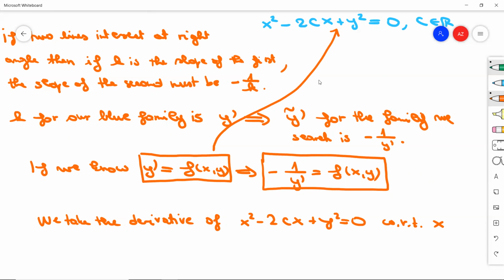And of course, here we have to take the derivative implicitly. So for this y, we have to know that y is not a constant, but it is a function of x. We take the derivative, implicit derivative, using that y is a function of x.